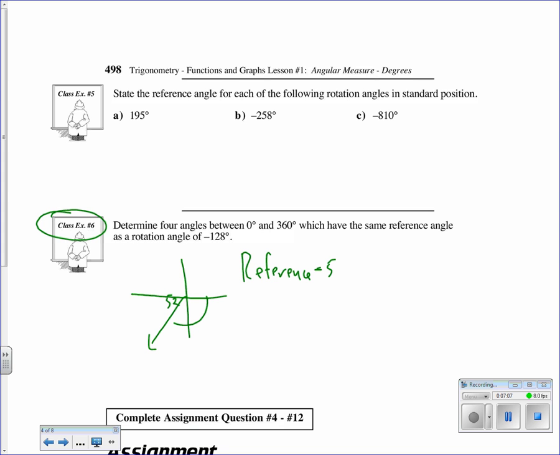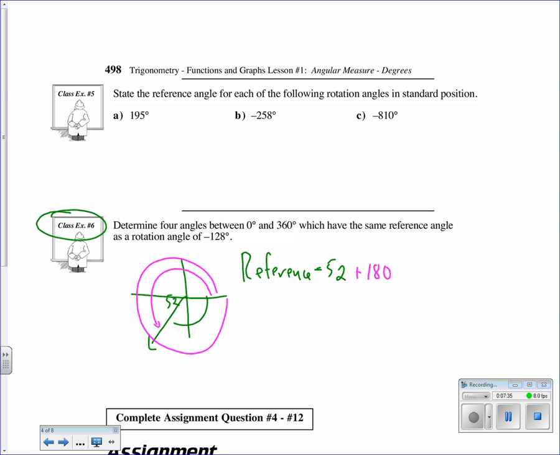Now I can get to 52 degrees in a variety of ways. So I can get to 52 by going 180 plus 52. Then I'd have to rotate around past what I was interested in.